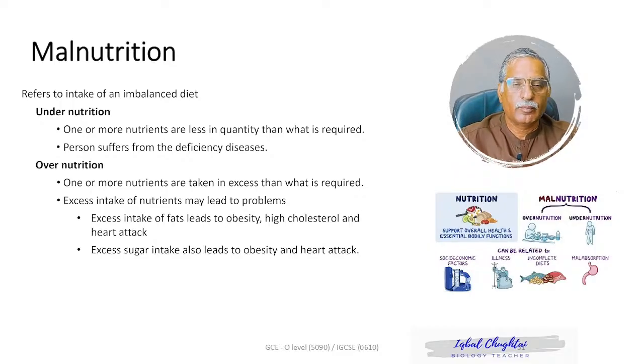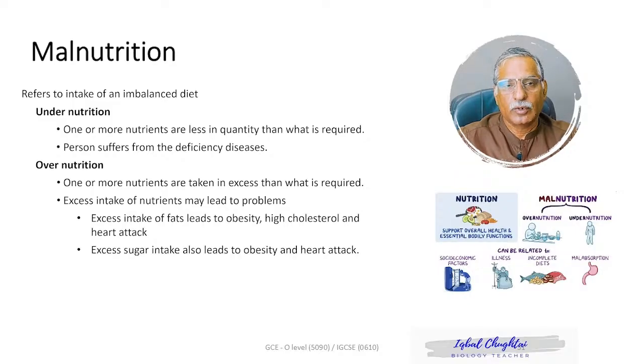For example, excess intake of fats and sugars in the daily diet will result in obesity, chances of heart attack will increase, chances of stroke will increase, and blood vessels are likely to get blocked because of excess fats traveling through those blood vessels. And these people are likely to suffer from high blood pressure. So excess intake of any nutrient in the diet is taken as overnutrition, that is also one of the categories of malnutrition, and that is problematic to life as well.